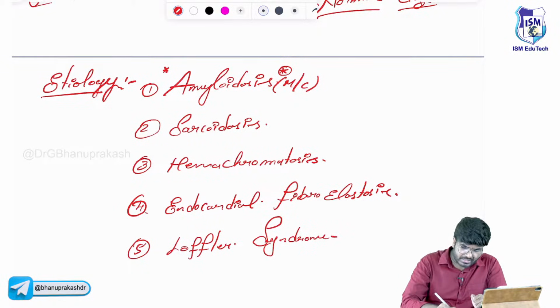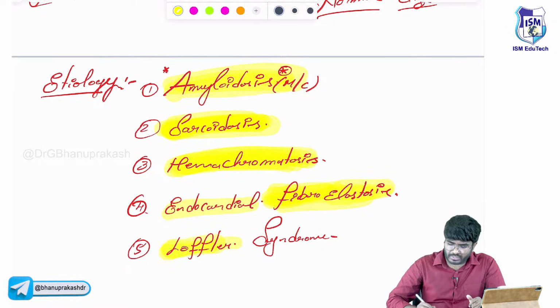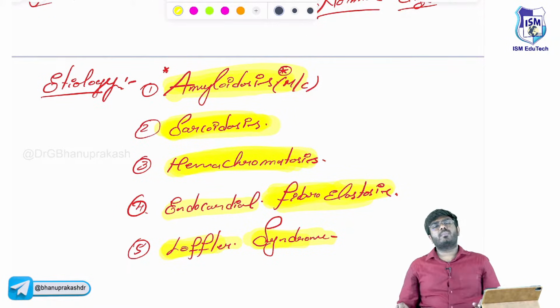See, in all these conditions, just look: amyloidosis, amyloid protein deposition; sarcoidosis, granuloma formations inside the myocardium; hemochromatosis, iron deposition within the myocardium; endocardial fibroelastosis, in the name itself there is fibrosis, fibrosis of the heart; and Loeffler syndrome, even in this condition again there will be fibrosis.